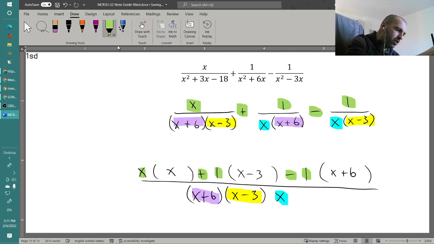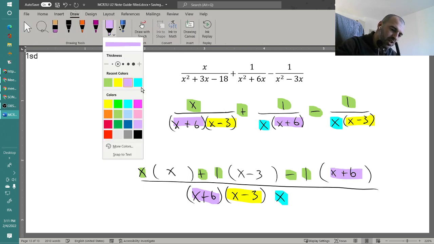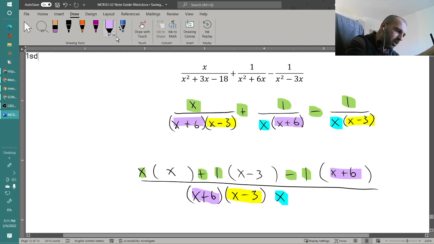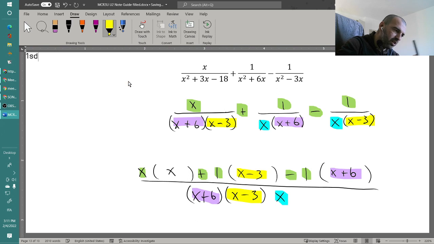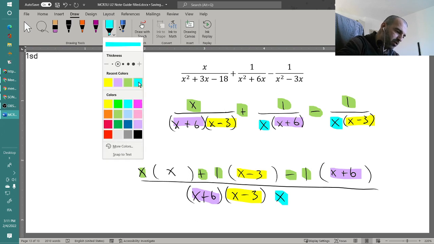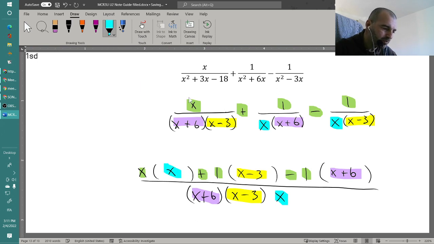If you're looking closely at this, you can see that I've got a purple here, my yellow factor was here, and I've got my light blue factor over here. Now, that right there is, in a way, the top of the mountain.